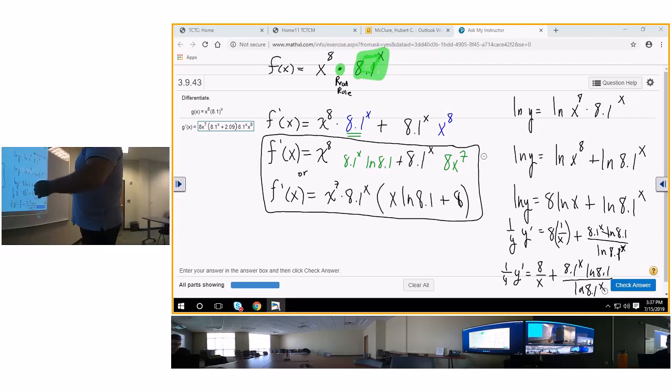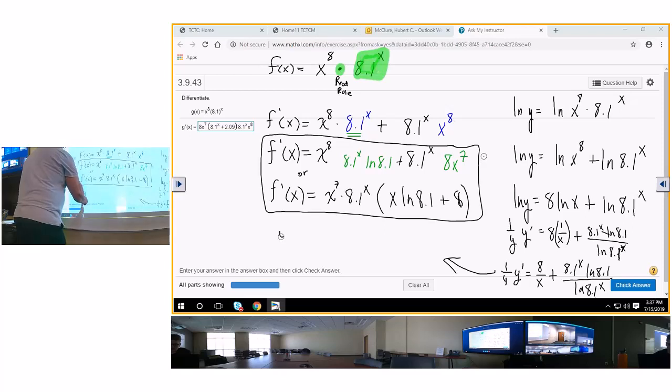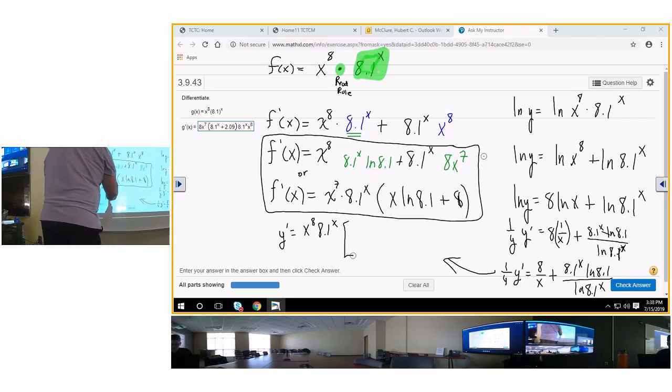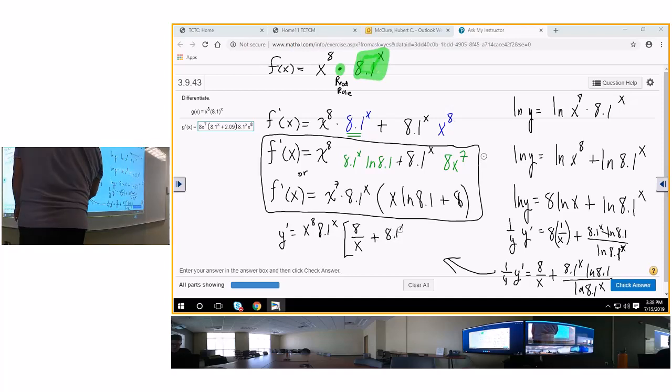Now, when you multiply by y, I'm going to get y prime is equal to x to the 8th, 8.1 to the x, multiplied by 8 over x, plus 8.1 to the x power, natural log of 8.1, over natural log of 8.1 to the x power.